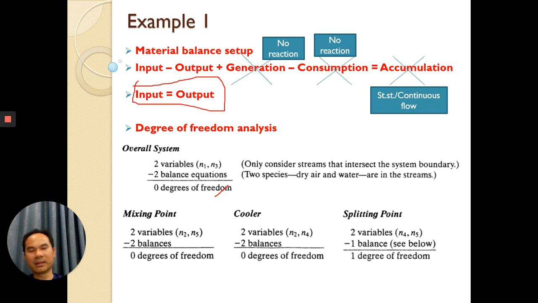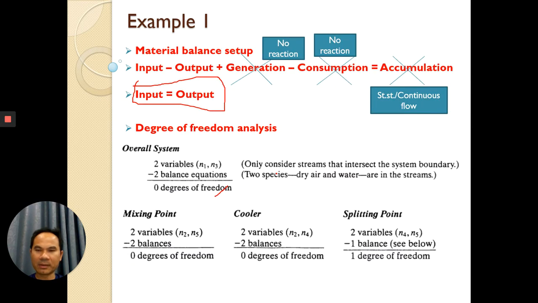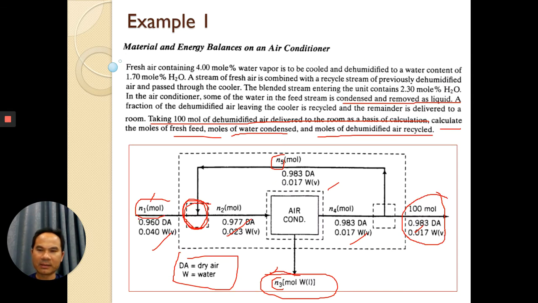The next step, we make the balance around the mixing point. At the mixing, N2 and N5 are unknown. After we make the overall balance, we know N1 and N3. N1 is known already.